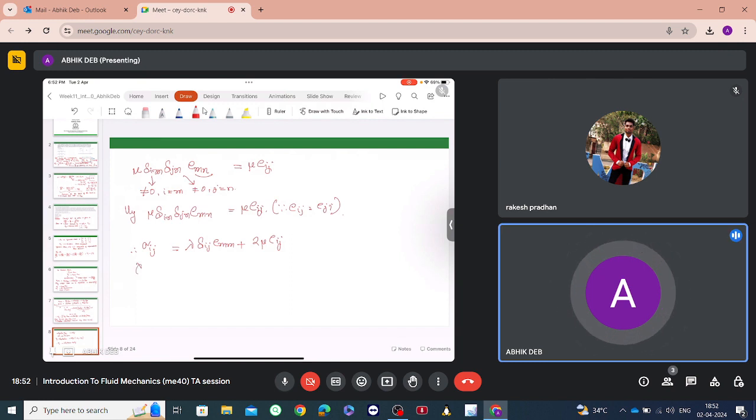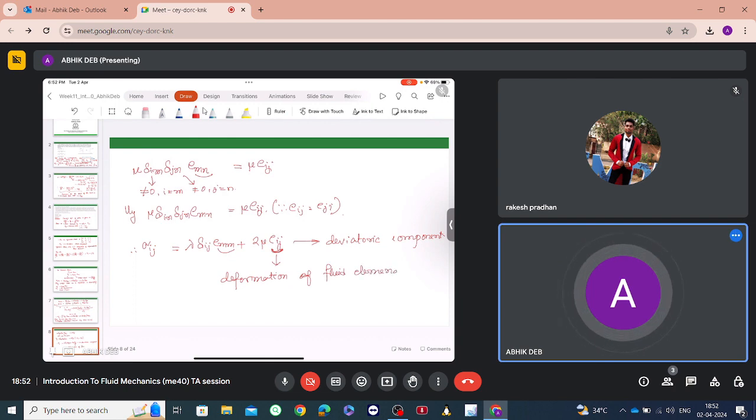And this tau ij, this is a deviatoric component, right? So the deviatoric component, you can see, is dependent on the deformation of the fluid element.